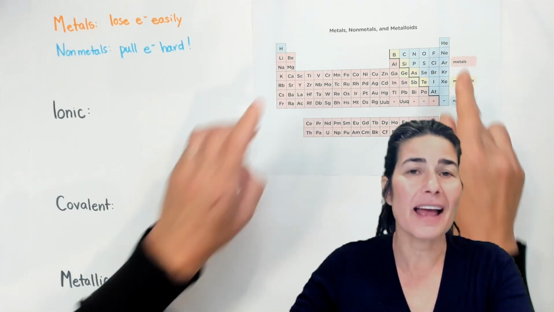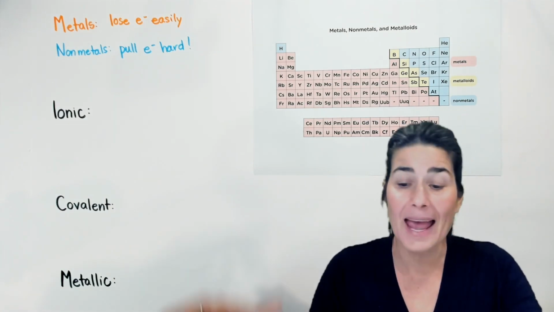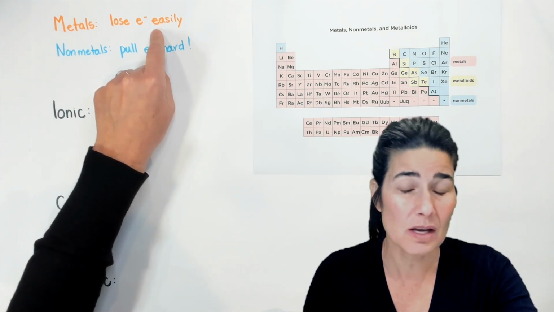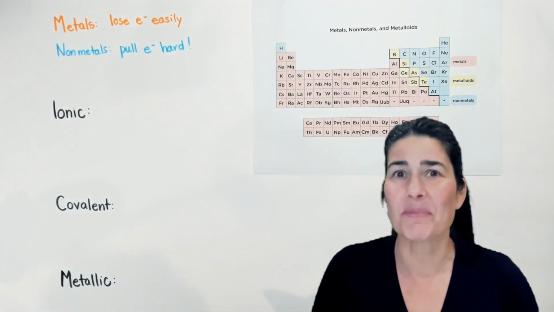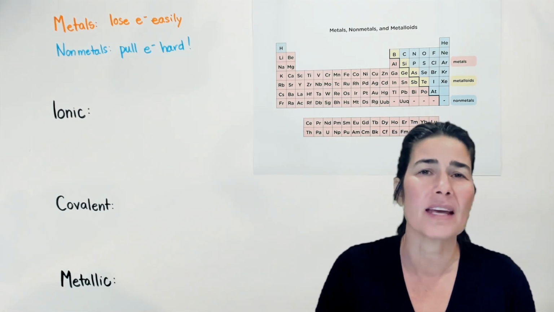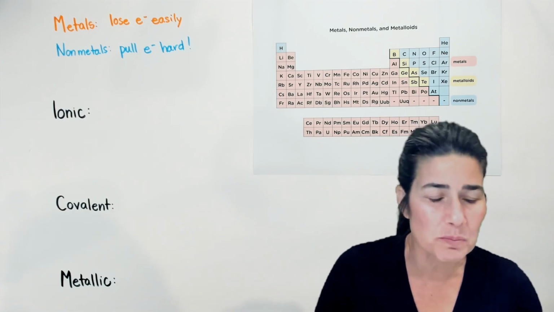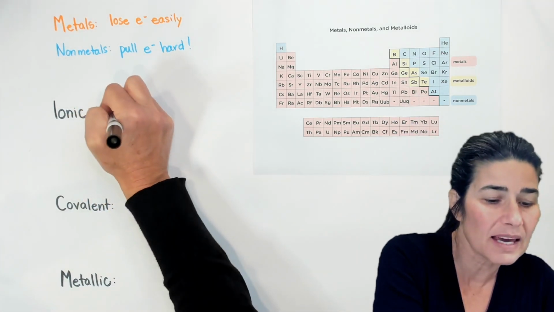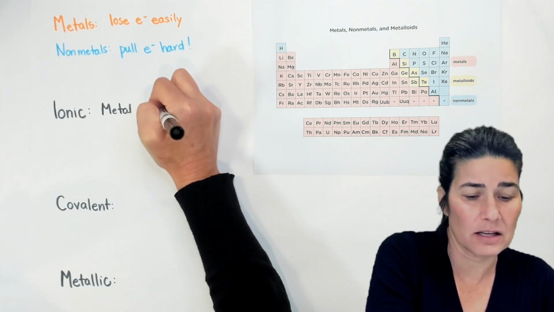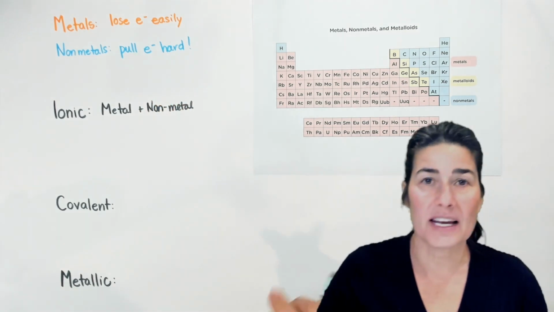In general, an ionic compound will occur if you combine a metal, something that holds electrons loose, with a nonmetal, something that holds electrons tight. So in general, these are two things with very, very different electronegativities. And for the most part, that is going to be a metal plus a nonmetal, things that are on opposite sides of the periodic table.